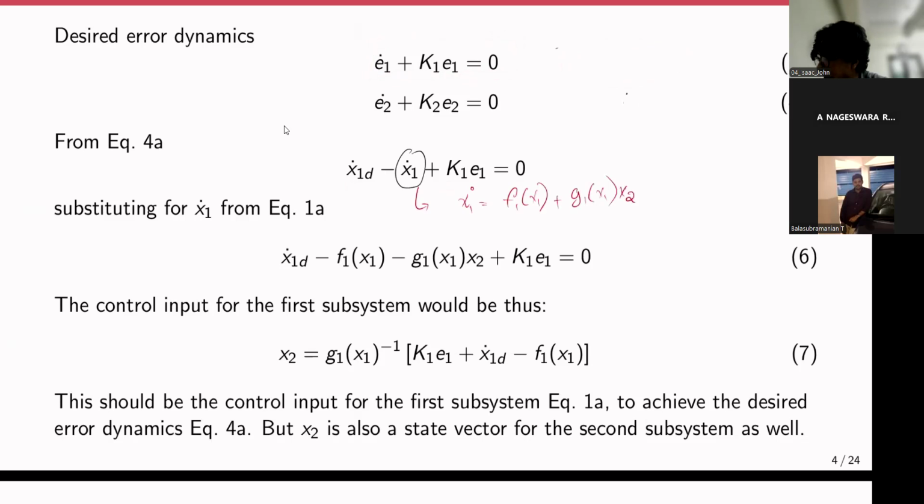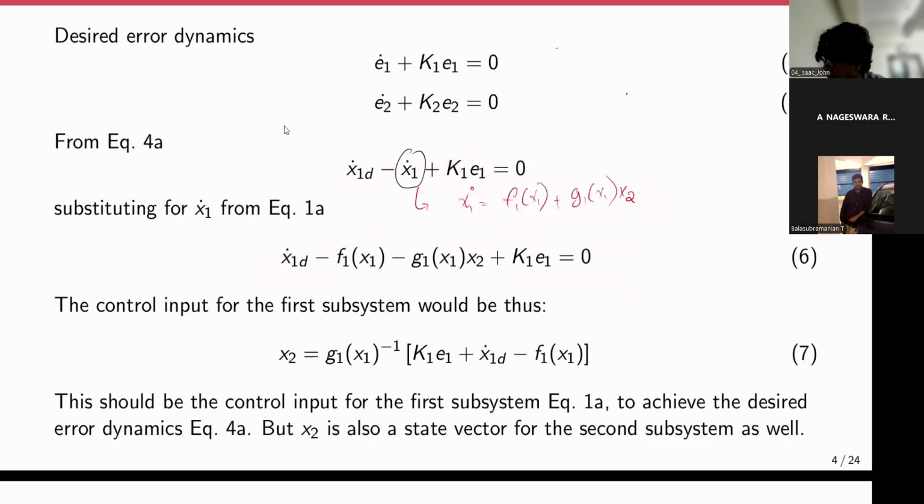This is the first state equation, basically the robot kinematics. So in place of x1 dot, I will be substituting this equation, and we'll be ending with this equation: x1 desired dot is over here, this equation is over here, and then this k1 E1 will be over here.